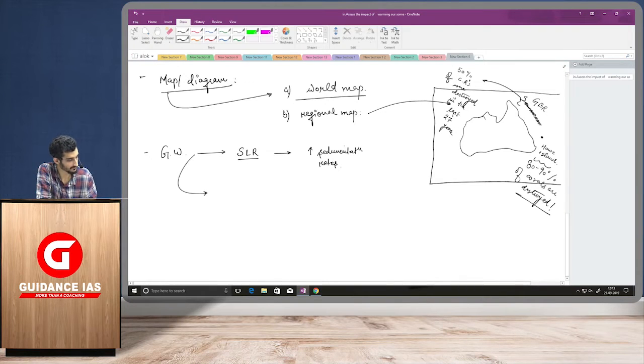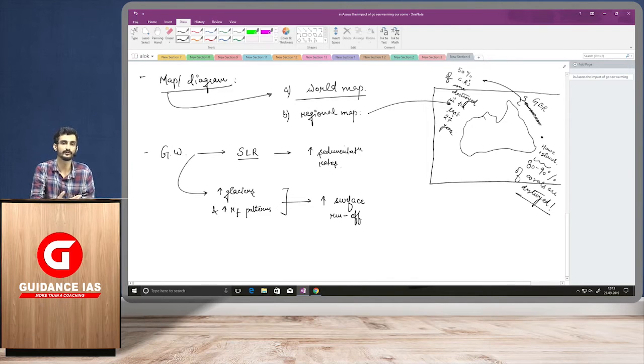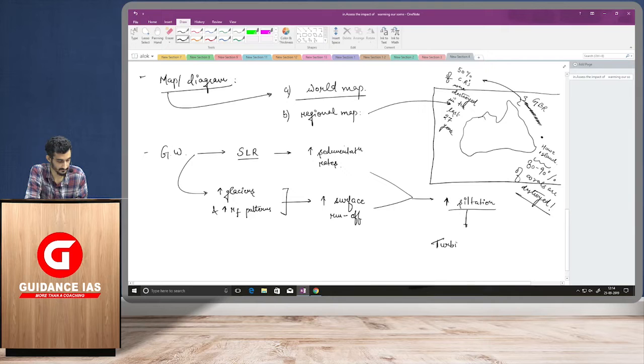Also global warming will increase glacier melt and change rainfall patterns, as a result of which there will be more surface runoff from the terrestrial ecosystems, and this will lead to rising siltation or silt composition in the water, turning the water more turbid.